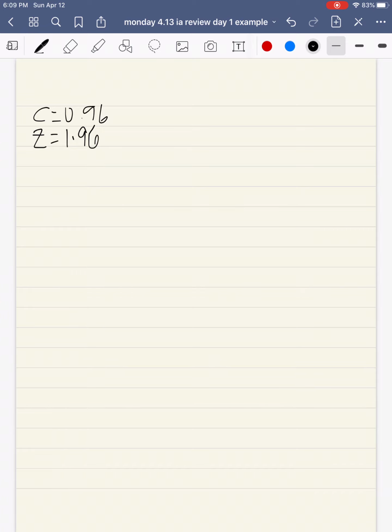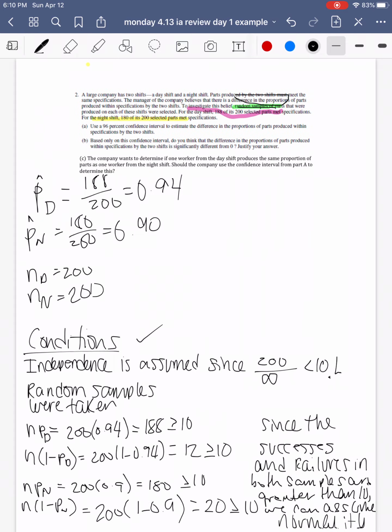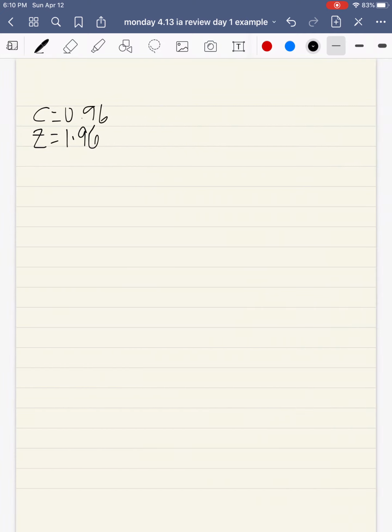No, wait, that would be for 95, excuse me. If this were 95%, we would use 1.96. It's going to be pretty close to that, but we want to be as specific as possible, so let's find our critical value based on our confidence level.